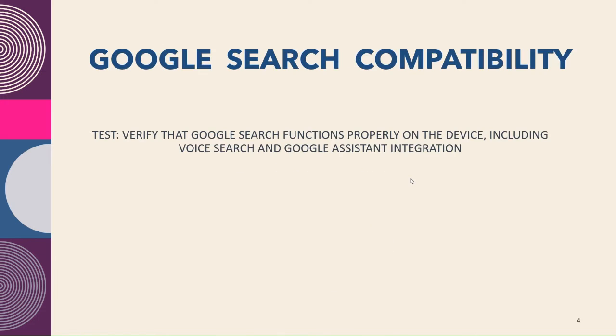Next type of test category is Google search compatibility. Related to Google search, we add test cases which verify that Google search functions properly on the device, including voice search and normal text search, as well as Google Assistant integration.